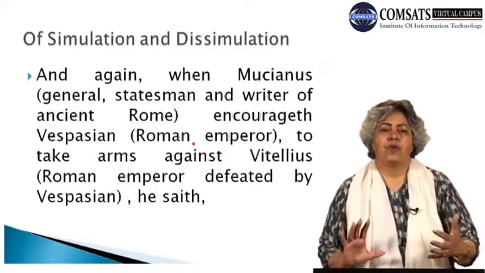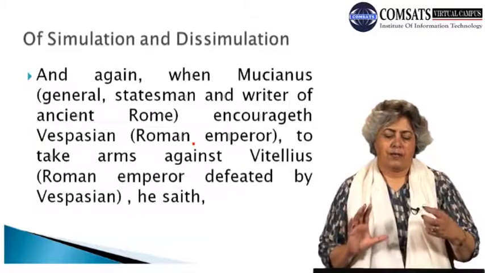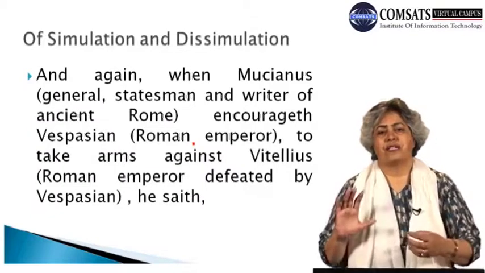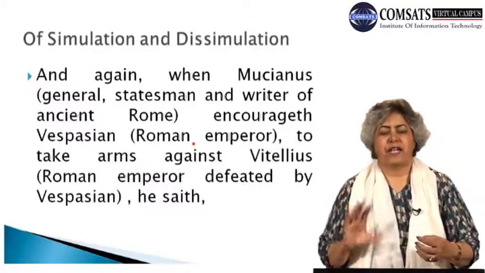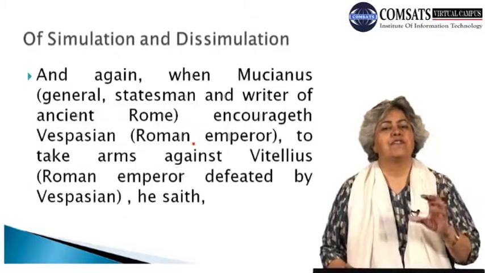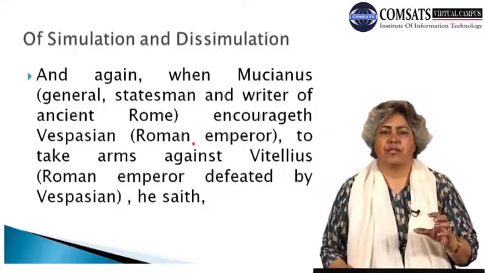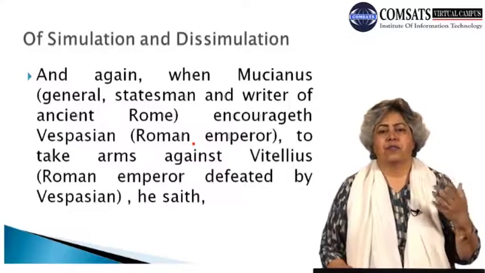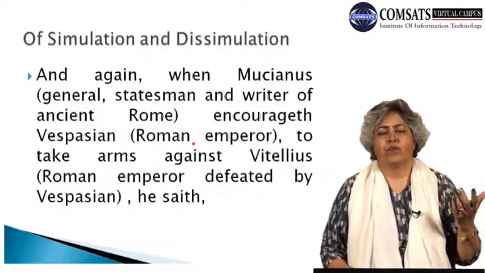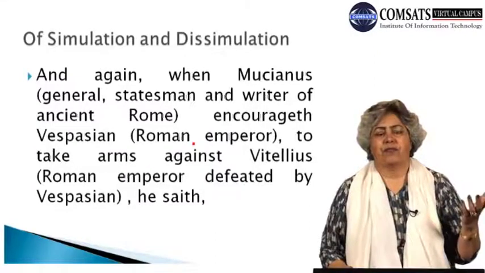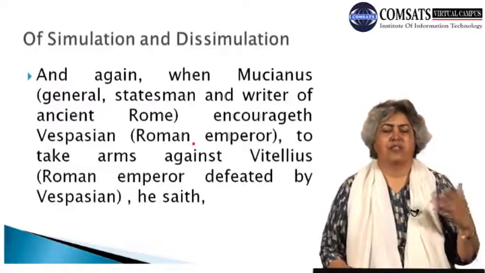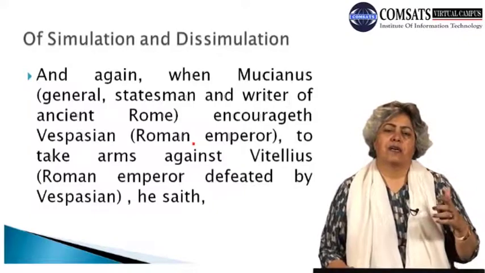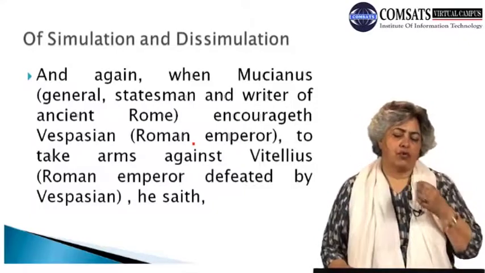There was a war in which the Emperor Vespasian fought against the Emperor Vitellius, who was emperor for a very short period of time. Okay, and the most well-known fact about the Emperor Vitellius is that he was defeated by Vespasian, and Vespasian continued to rule.